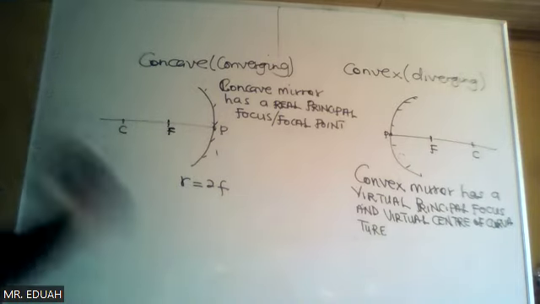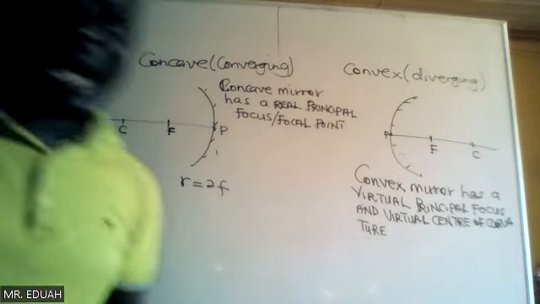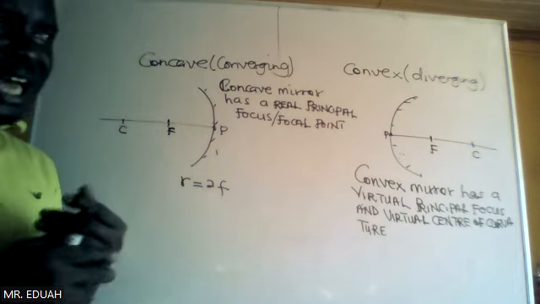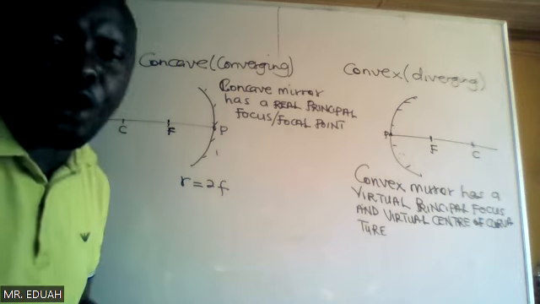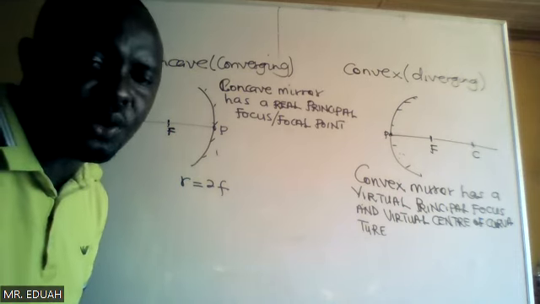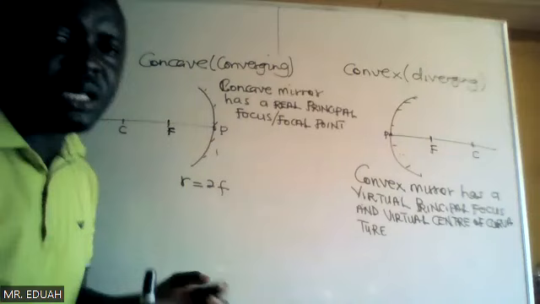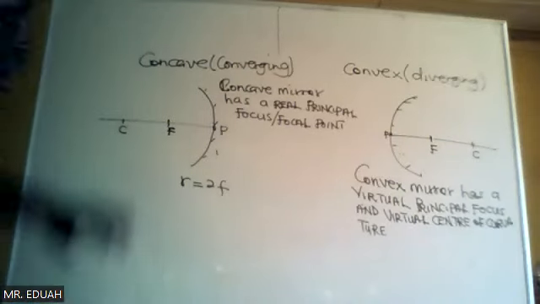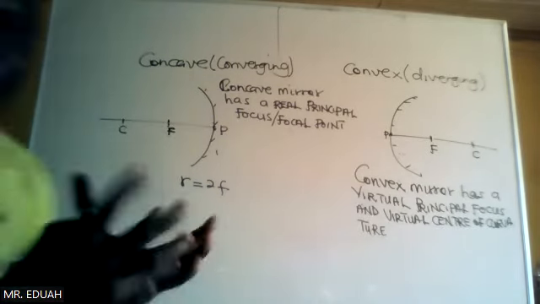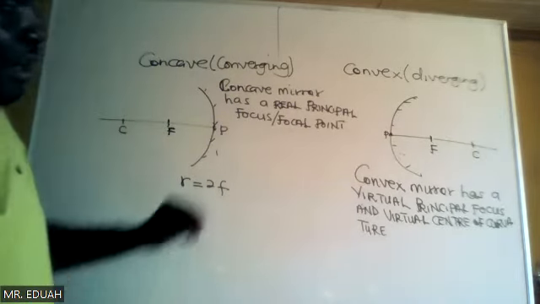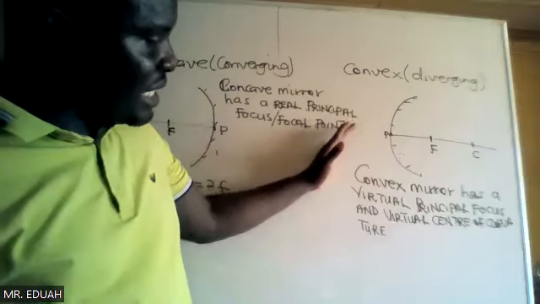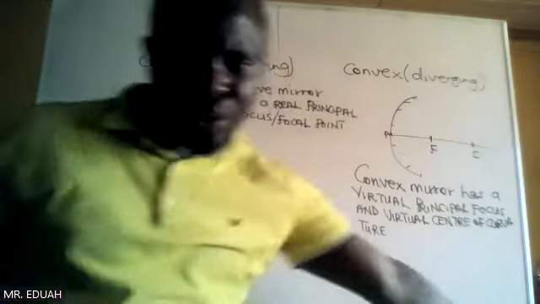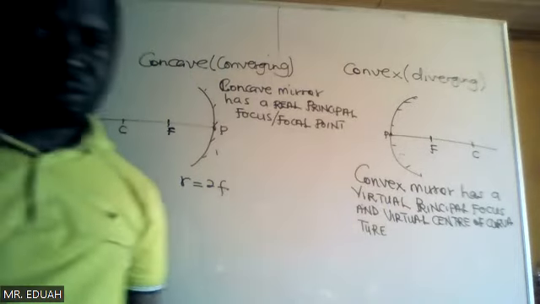Why? This is because for ray diagrams, all objects, images, points formed in front of the mirror are real. All objects, images, points that are formed behind the mirror are virtual.